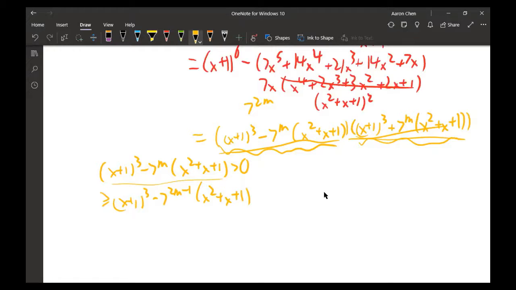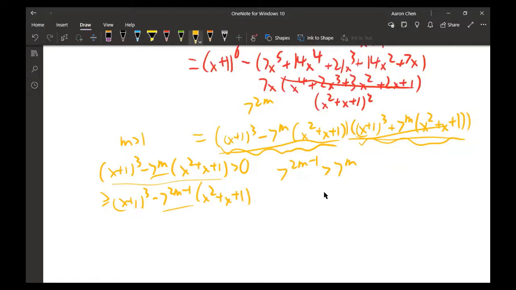And so the reason for this is because m is already greater than 1. This is already guaranteed. And so 7 to the 2m minus 1 will be greater than 7 to the m. And so subtracting out 7 to the 2m minus 1 is smaller than subtracting out 7 to the m times the same thing.